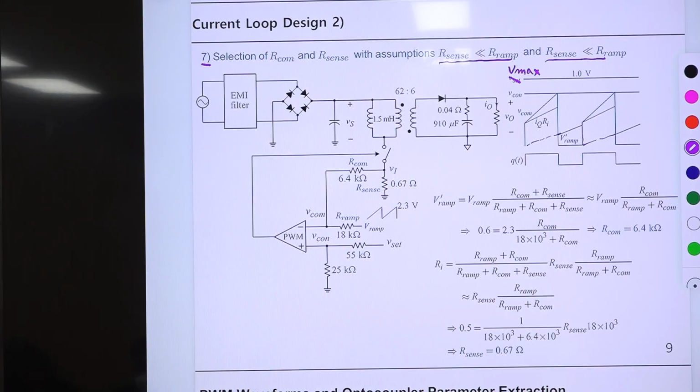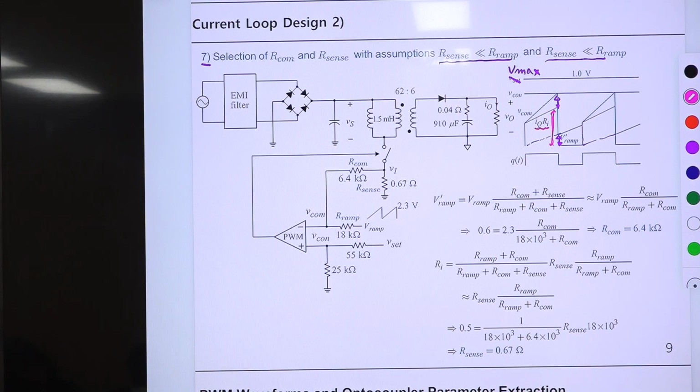Vmax is easy. All right. So this length is the same as this one, and this length, this part, is this one.